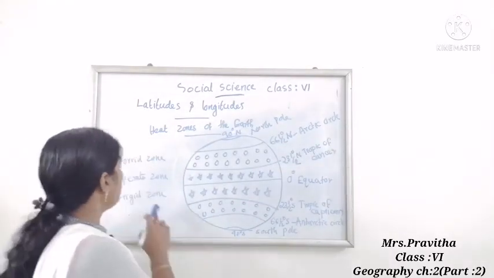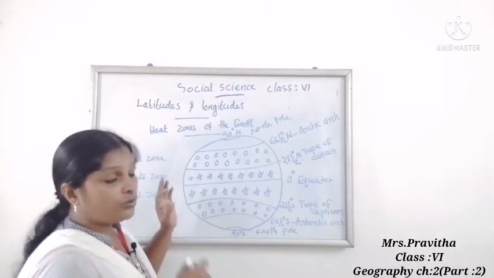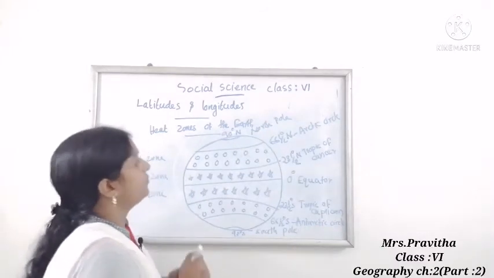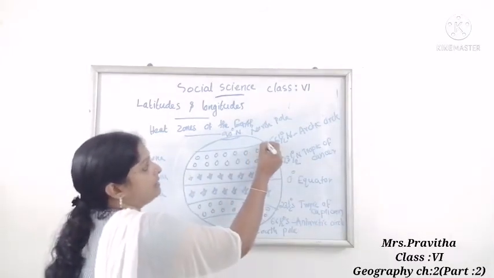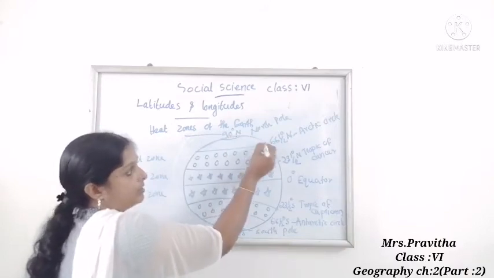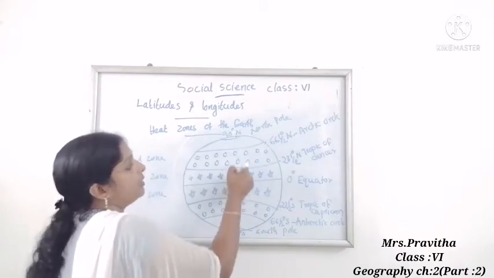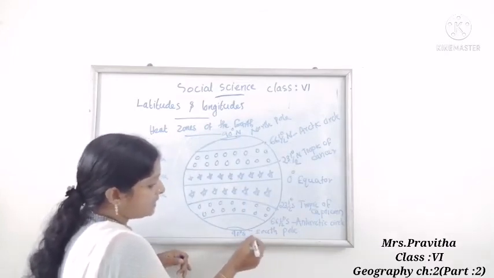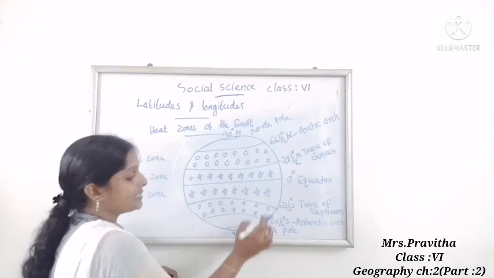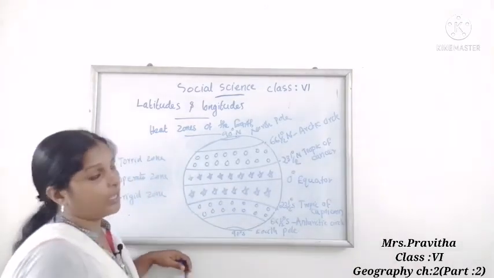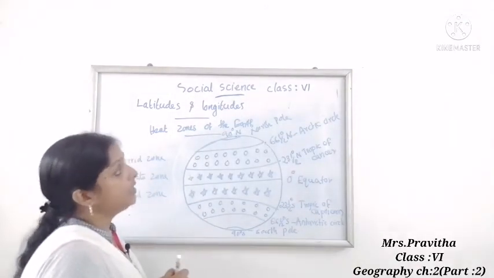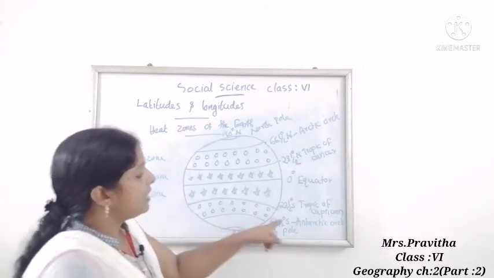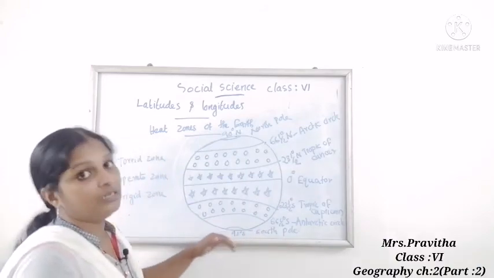Third one, the frigid zone. There are also two frigid zones, the north frigid zone and the south frigid zone. The north frigid zone lies between the Arctic Circle and the North Pole in the northern hemisphere, and the south frigid zone lies between the Antarctic Circle and the South Pole in the southern hemisphere.